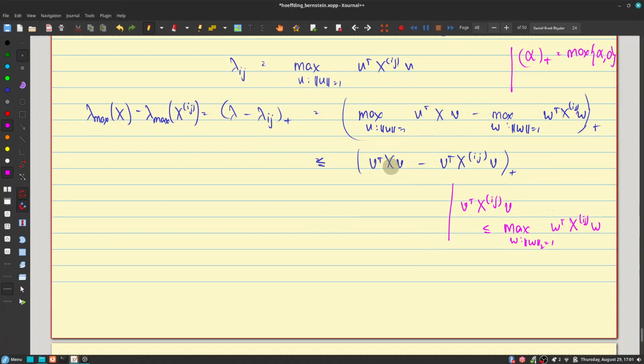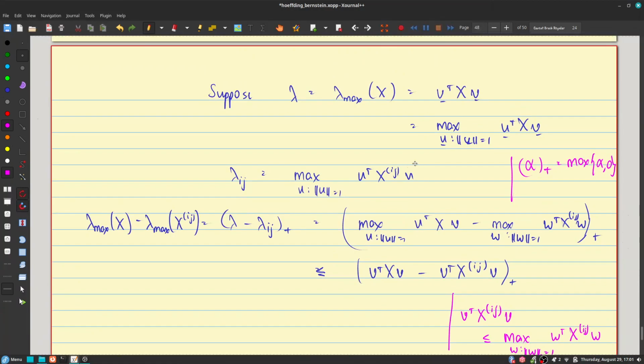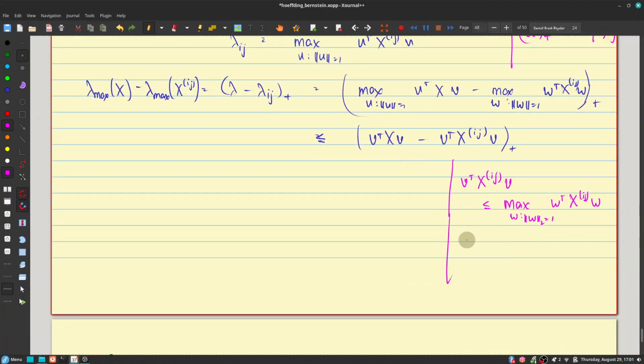So let me make this assumption: V is the unit norm eigenvector corresponding to lambda max of X. Okay, fine.